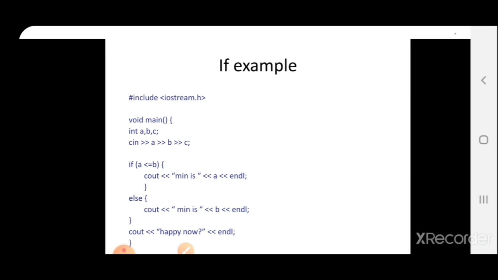Cout happy end. So what is the logic of this program? I am getting A's and B's values from the keyboard and checking whether A is less than or equal to B. If the condition is true, minimum is A. If the condition is false, minimum is B. It will check which of the two variables has the minimum value.